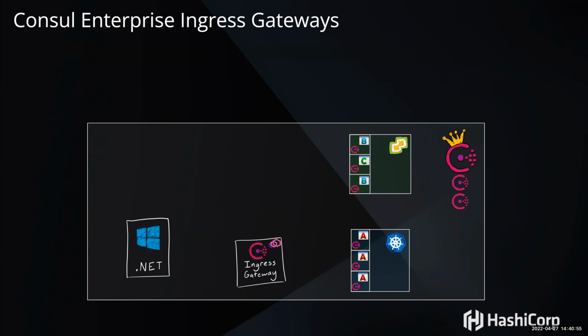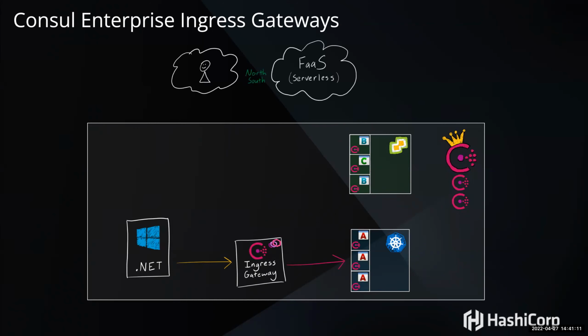This is where we bring something called an ingress gateway. The ingress gateway is the bridge which translates between untrusted services that are outside of Consul's mesh control plane and brings them into the control plane. Similarly, if you have access that needs to come from outside, for example, a serverless function or a user that needs to access a service internally, you would use an ingress gateway.